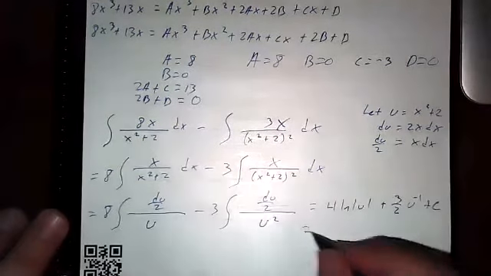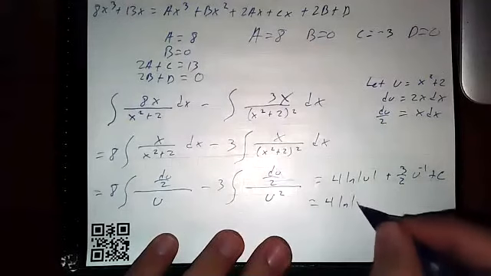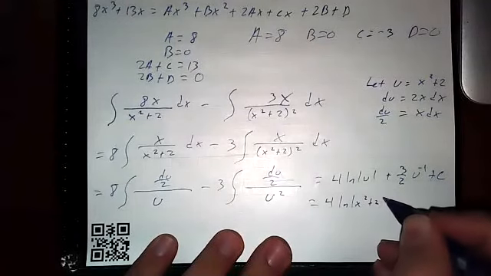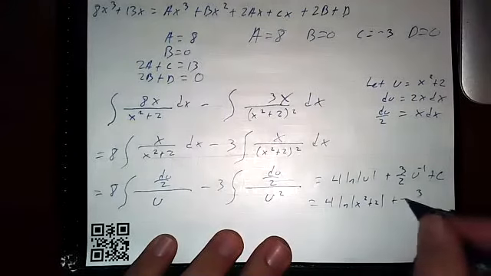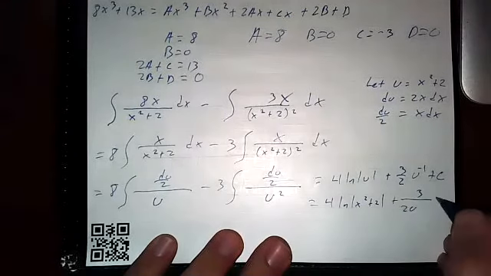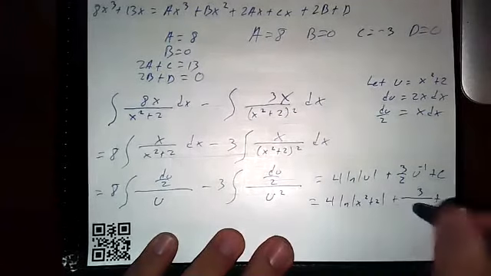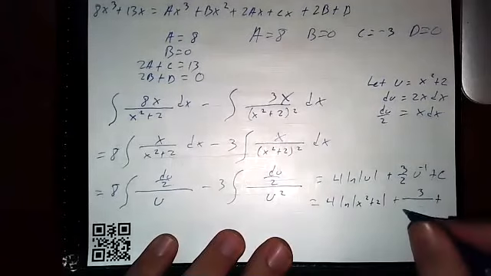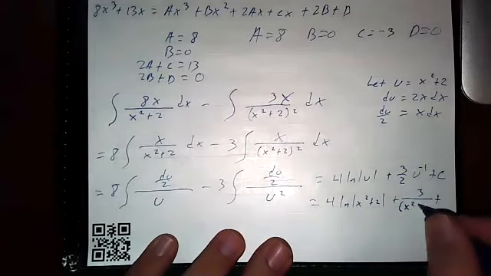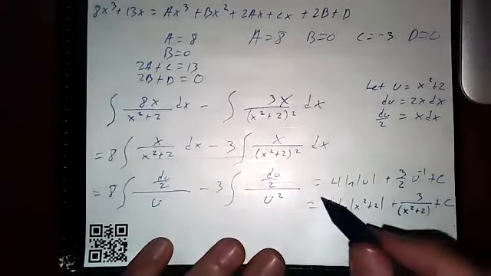So the final answer would be 4 ln of x squared plus 2 plus 3 over 2u, oh, I should change that back, over x squared plus 2 plus c. So this would be our final answer.